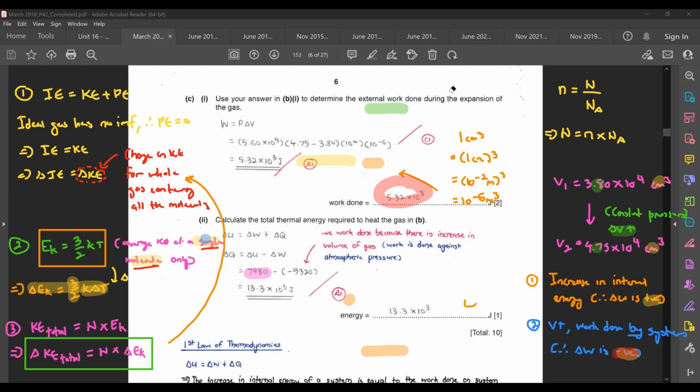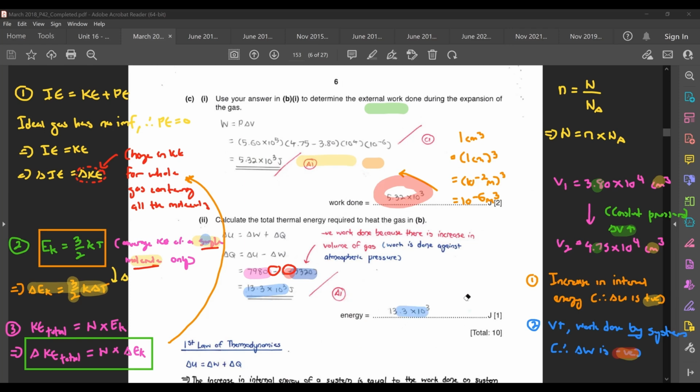But when you want to put the value into your equation for thermodynamic first law, you need to put in negative to it because this is work done by gas. The value is supposed to be negative. Okay. So that right now you have two negatives here. They're supposed to add up together. Your final answer would be 13.3 times 10 power 3 joules, just like that.